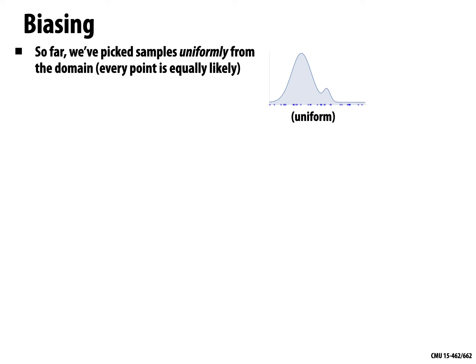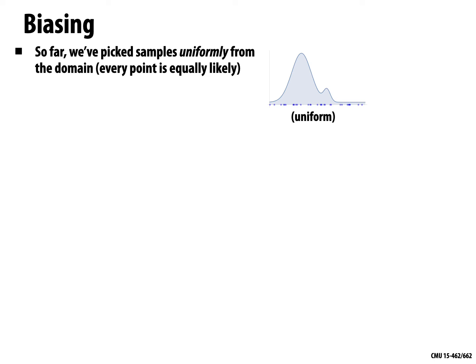Okay, so we've talked a little bit about how Monte Carlo can be slow to converge. You have to take a lot of samples to get an accurate estimate. So how can we do a better job? How can we accelerate this estimation strategy? Well, so far we've done something very simple. We've picked samples uniformly from the entire domain. Every point is equally likely.